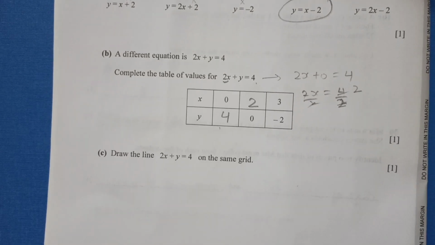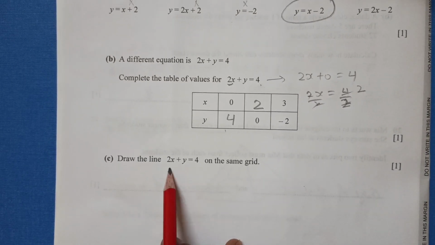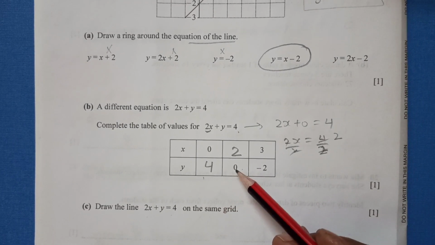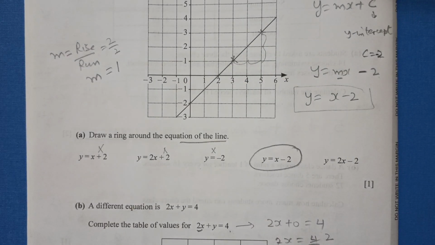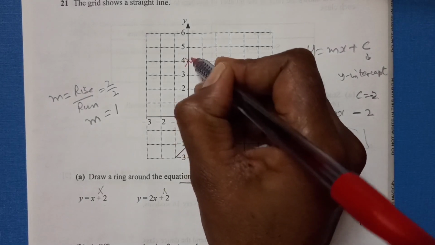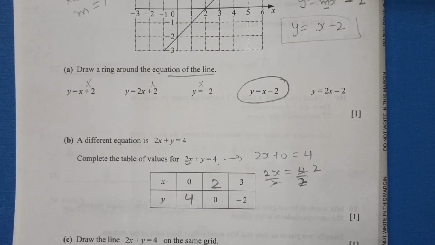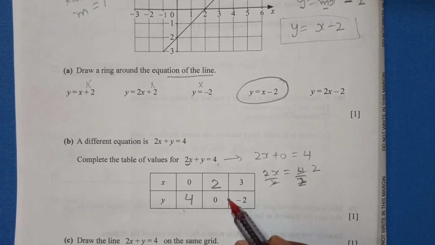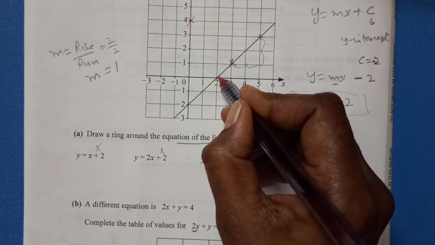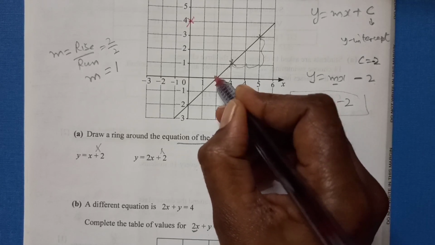Now draw the line of 2x plus y equals 4. Means we are going to plot these points there. x is 0, y is 4, it is this point. Okay. Then we have x is 2, y is 0. x is 2 is here and y is 0, that means this is the point.